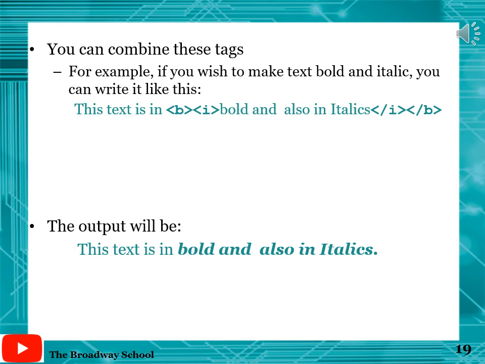For example, if we wish to make text bold and italic, we can write it like this. This text is in B tag, I tag, bold, and also in italic. I close, B close. Here you can see the tag which is started first closes at the end, like the brackets you use in maths. This output will be: this text is in bold and also in italic.